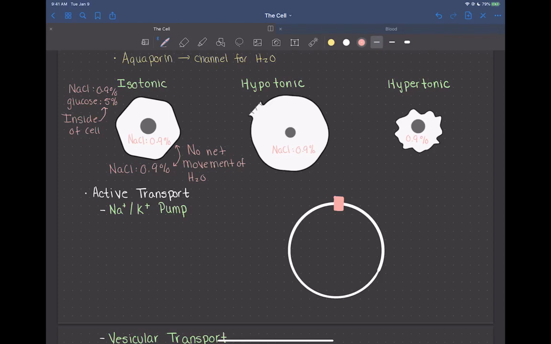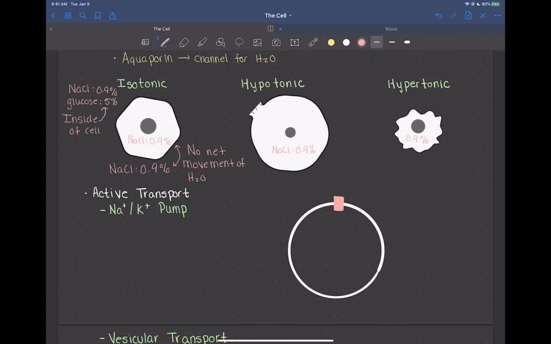And that's why most IV solutions, like an IV saline, are going to have a salt solution of 0.9% and a glucose of 5%. That's a typical IV saline solution, because you don't want to give an IV to a patient and cause one of these reactions in their cells. Either they'll burst or they'll shrink up, and possibly die. So that's isotonic.